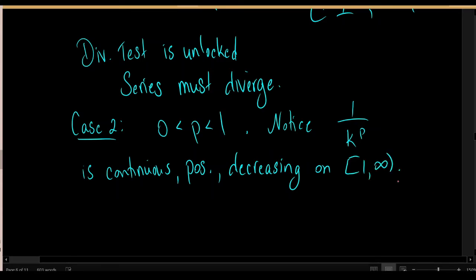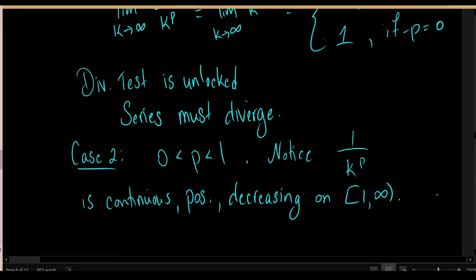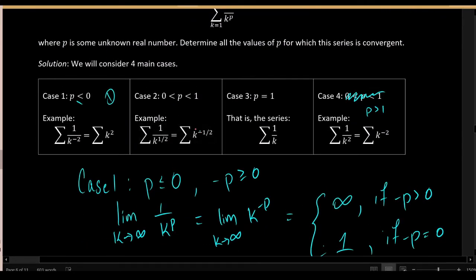You can confirm this using a particular example and using Desmos. For example, if you graph the function 1 over the square root of x, 1 over x to the power 1/2, then you can see that the graph is in fact continuous, positive, and decreasing. So it satisfies those conditions for the integral test.